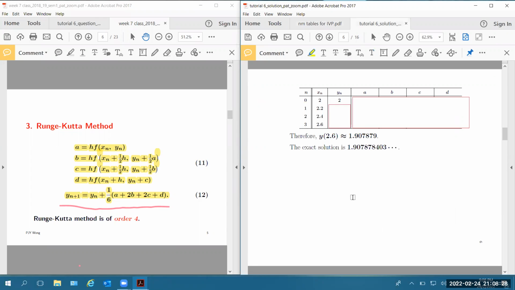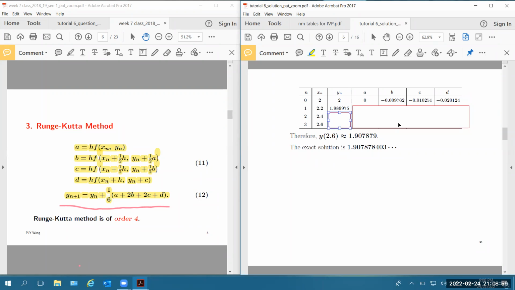So this is what we have. Initially, you can only have the y0 here. The rest are all unknown, waiting for us to calculate. The first row, your A, B, C, D are blank, so go and calculate them first. After you get your A, B, C, D, your next entry will be your y1.